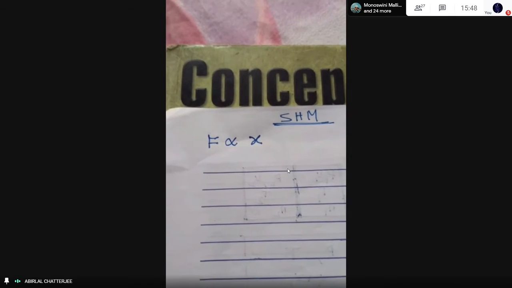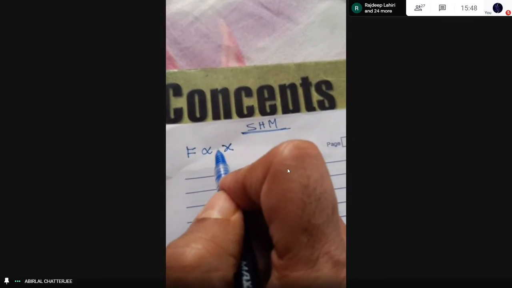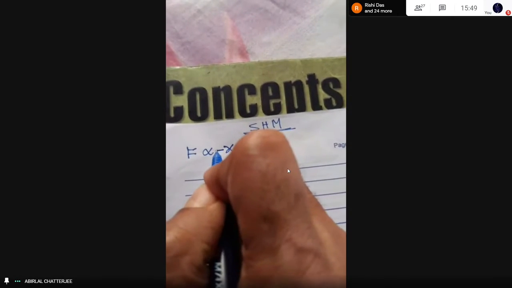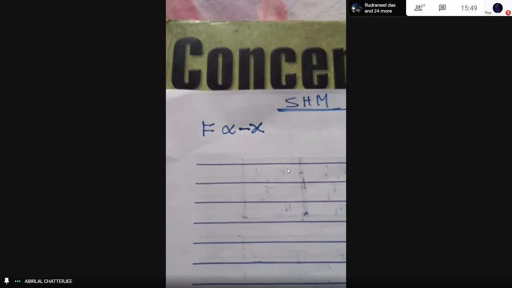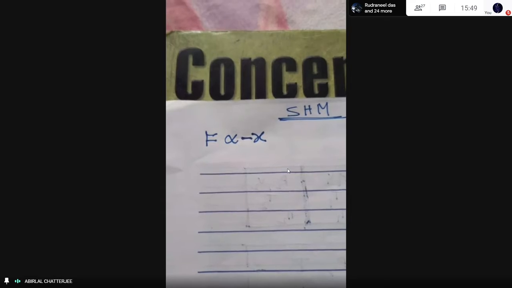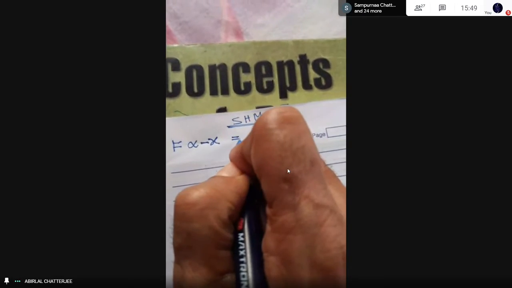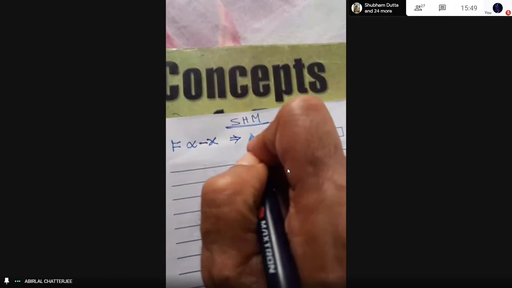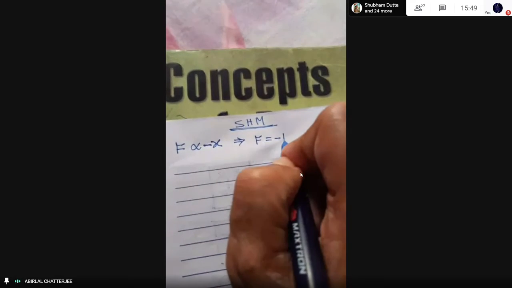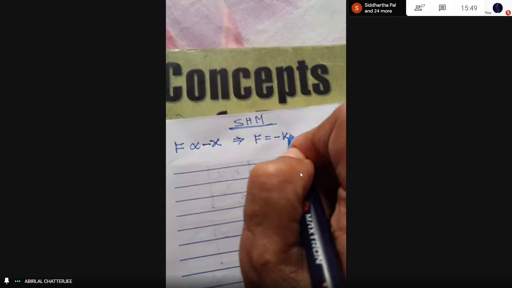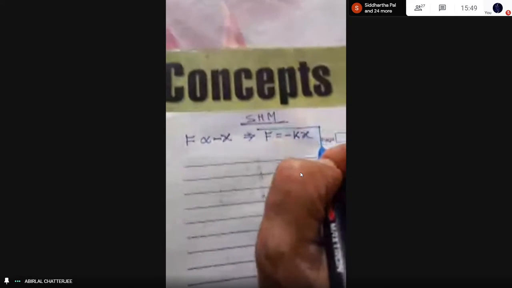So how will you write that in mathematical form over here? Minus x, very good. So if you write minus, proportional to, it becomes F equals minus kx. Is it okay?